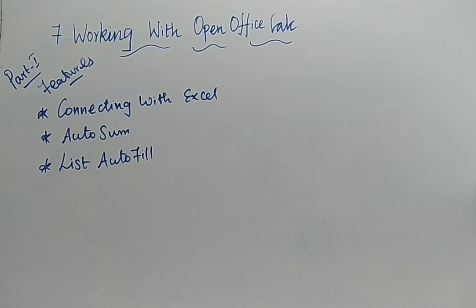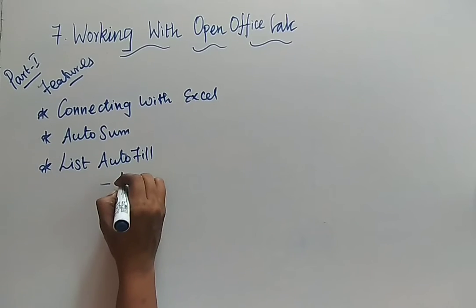For example, assume you have formatted 10 lines, made them bold and italic. After the 10 lines you insert a few lines, for example 5 lines. What is going to happen? Automatically the formatting that you have done for the first 10 lines will be extended to the remaining 5 lines. That is your list autofill.